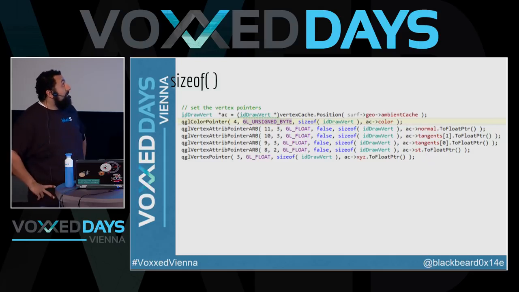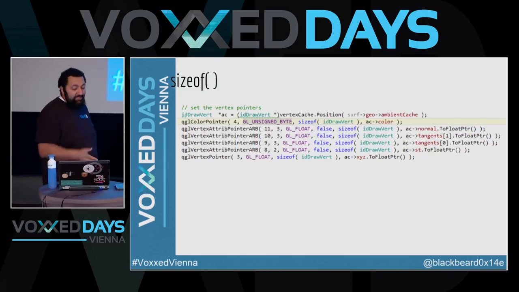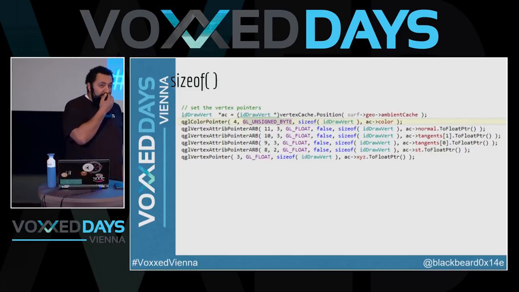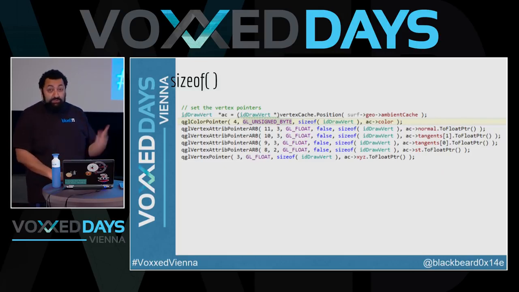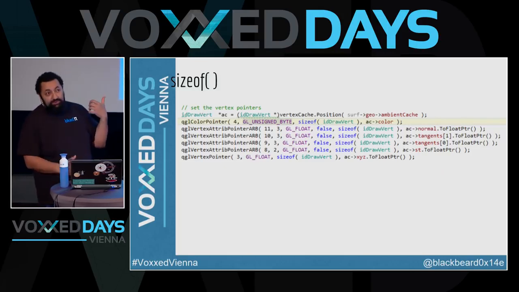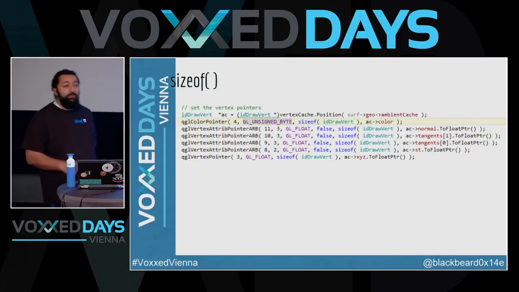Another functionality that we don't really have in Java out of the box is sizeof. I know this seems like a useless functionality, but for this game especially, we're doing a lot of OpenGL. And OpenGL has to know the size of everything that you pass it. It can't just take an object and use it.